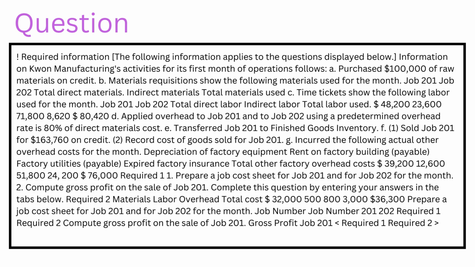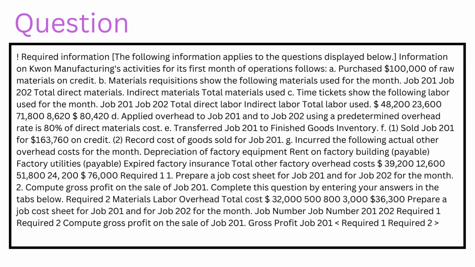Required 1: Prepare a job cost sheet for job 201 and for job 202 for the month. Compute gross profit on the sale of job 201. Complete this question by entering your answer in the tabs below. Required 1, required 2: materials, labor, overhead, total cost $32,000, 500, 800, 3,000, $36,300.